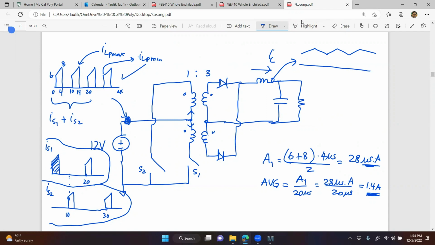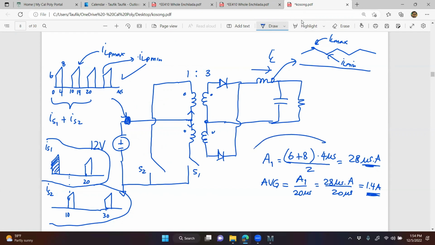And this peak right here is called IL max, and this min is IL min. But that's on the secondary side. If you move it to the primary side, it becomes ILP max, ILP min. So it's just a name I gave for 6 and 8: 6 amps is ILP min, and 8 amps is ILP max.